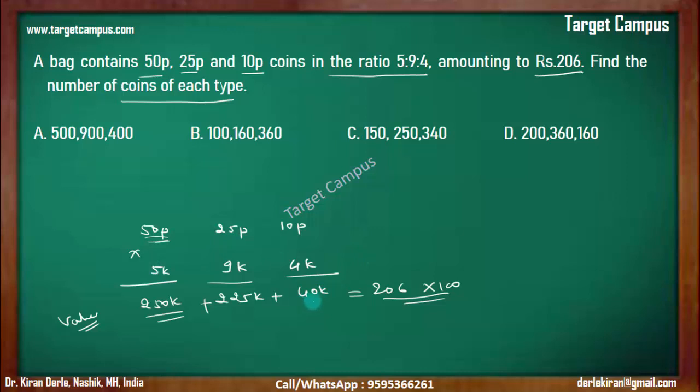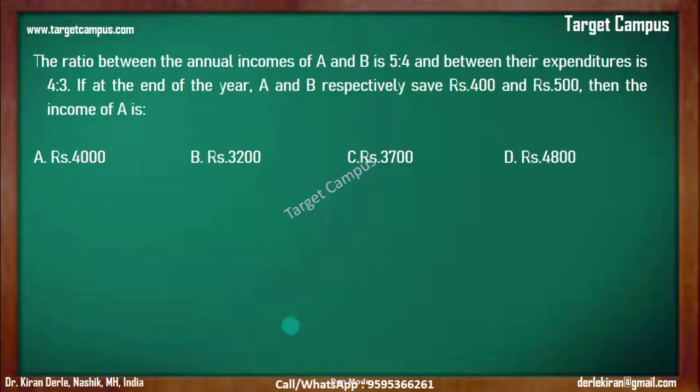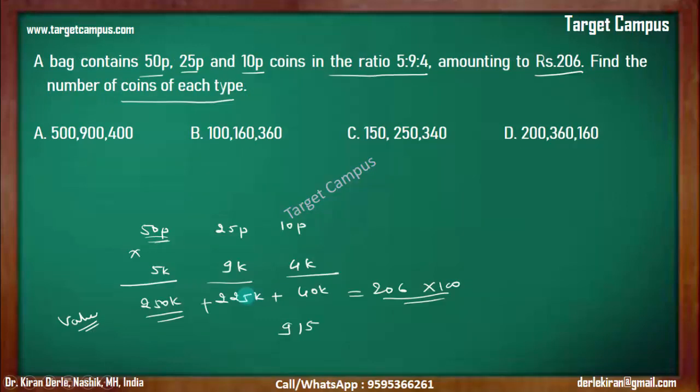So let us add this. So this becomes 5 and 4 plus 2 6, 6 plus 5 11, 1 plus 2 3, 3 plus 2 5. 515k is equal to 206 into 100, right?